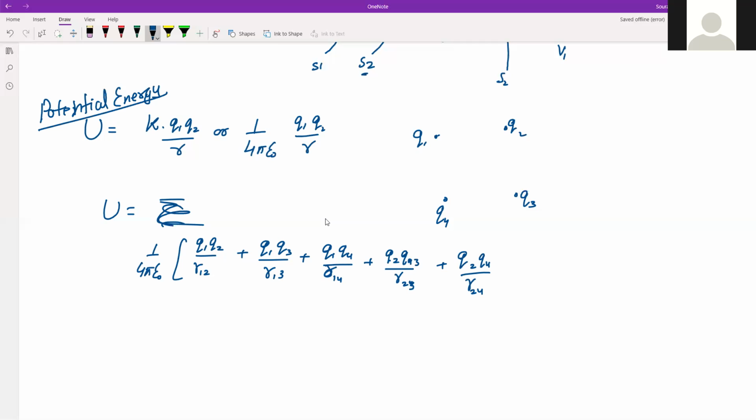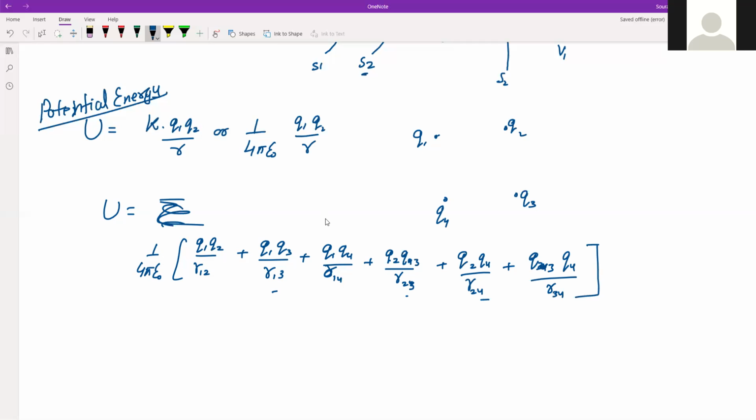So 12, 13, 14, 23, 24, and what else? 31 is already there, 32 is already there, and 34 is not there. So Q3Q4 divided by r34. So that is the total.